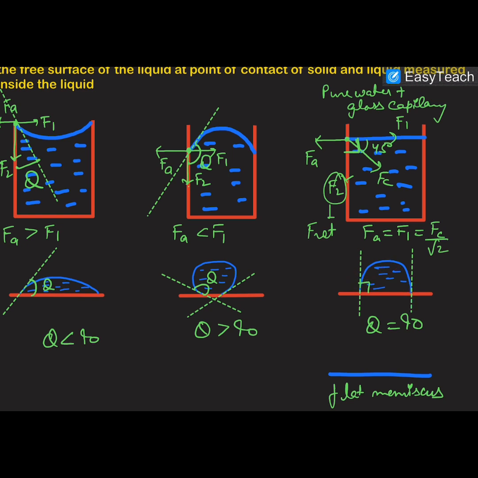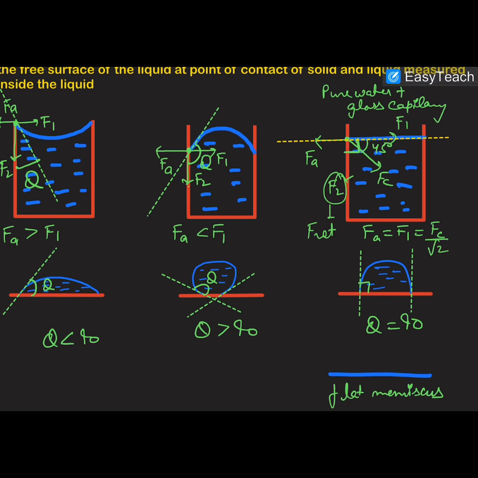And in this case, if we draw a tangent like this on the free surface of the liquid at the contact point, and if we measure the angle of this tangent with the solid surface inside the liquid, see there are two angles. One is this and the other one is this one.